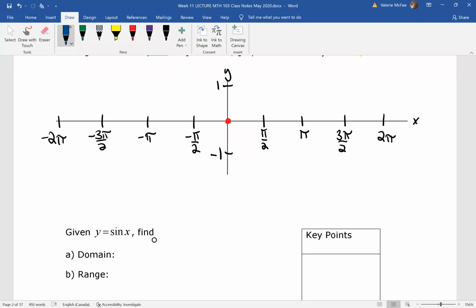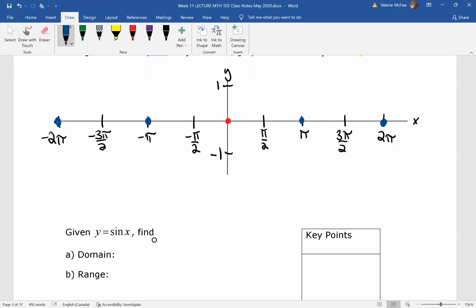Now, if you notice the x-intercepts, you're going to see that they are every second interval on the x-axis. At pi, 0; 2 pi, 0; negative pi, 0; and negative 2 pi, 0. Putting on your x-intercepts should always be the next step.